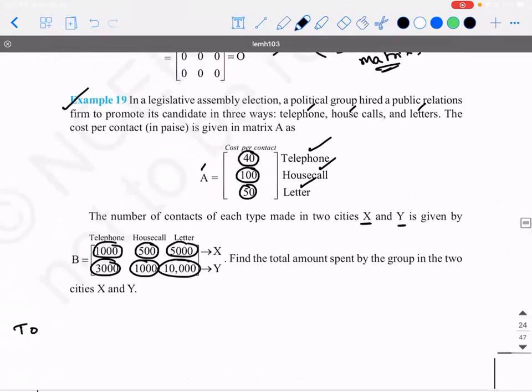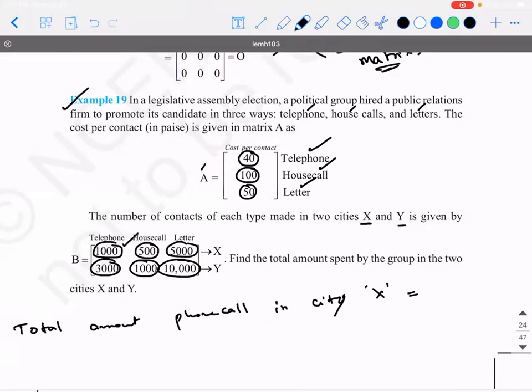So total amount basically is nothing but, if I say total amount in the phone call, then how will you say? Phone call in city X. Assume this to be an Excel sheet. If I say total amount spent for the phone call in city X, what will you say?